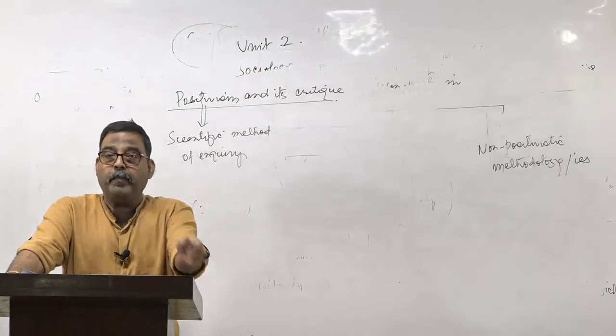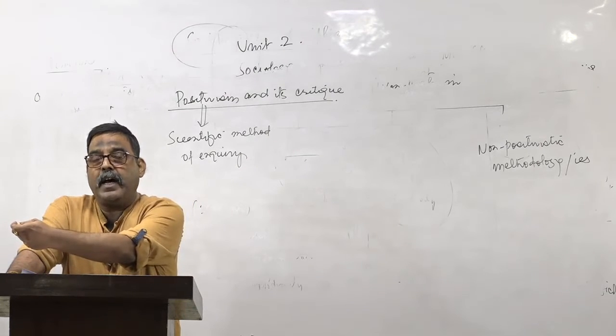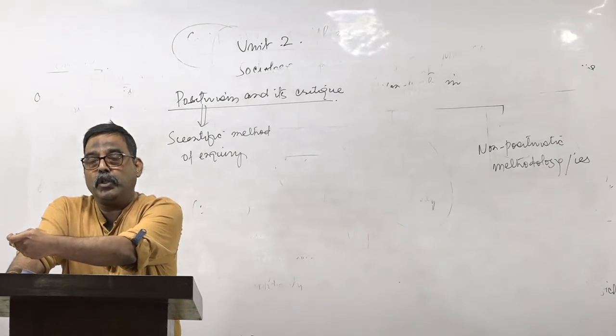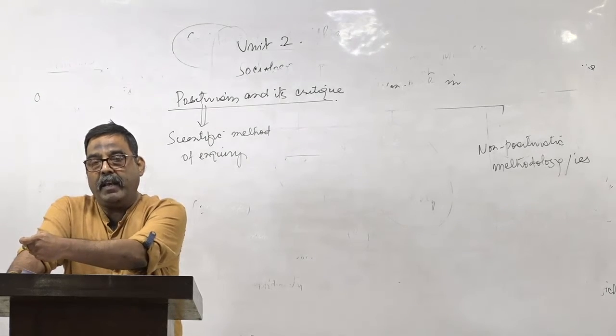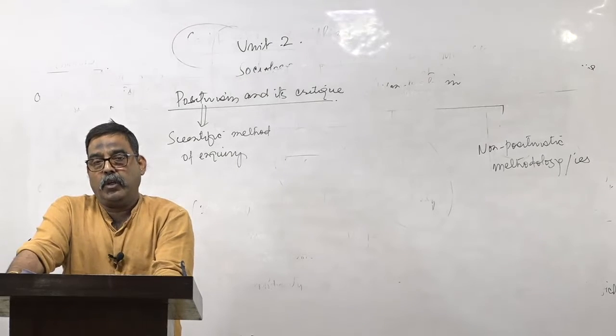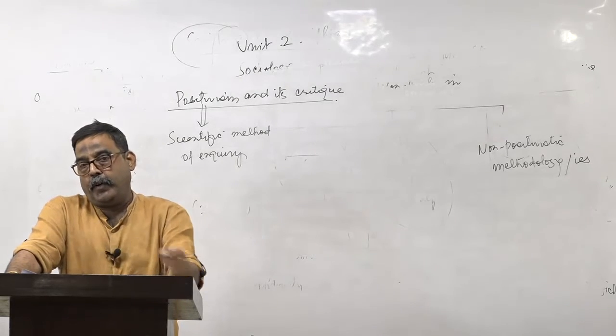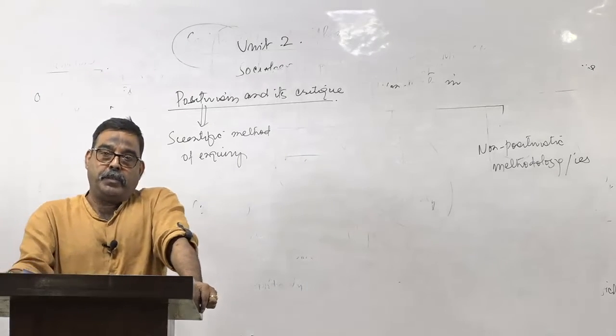Now this optimism has emerged: that as the natural scientists are discovering the natural laws to understand the natural phenomena, so the sociologist would be able to discover and establish the social laws akin to the natural laws to understand the social phenomena. That optimism has been raised.